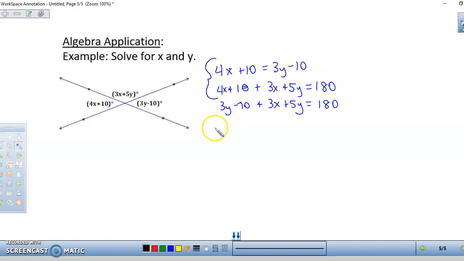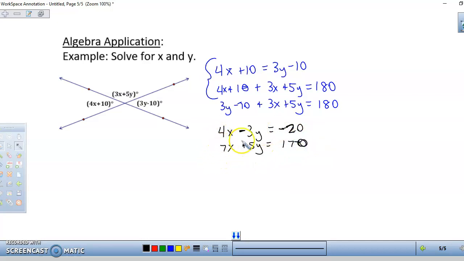Okay, so I'm just going to go through this super fast. So I'm going to rearrange so that I'm in standard form. And then what is this? 7x plus 5y, and then subtract the 10. That's a negative 20. That's a 70.